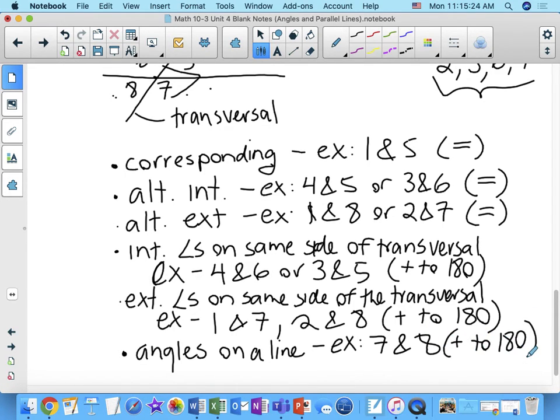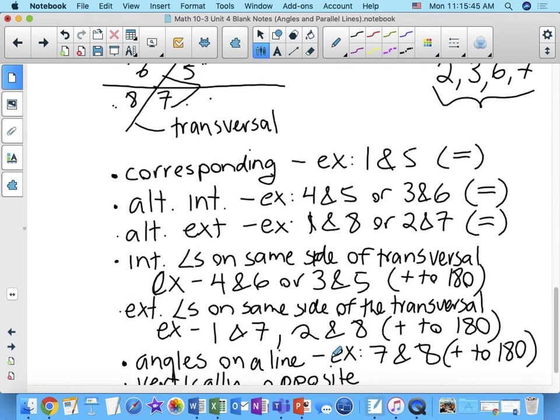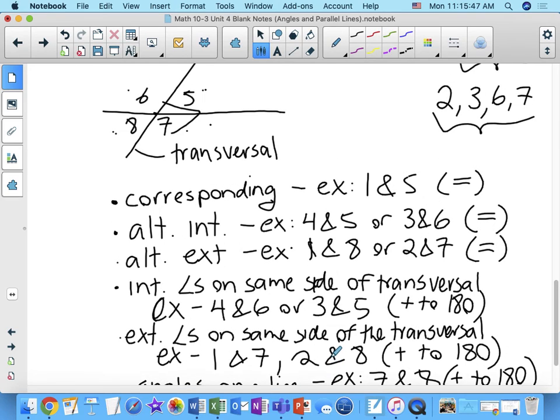Okay. And then the last one, the last pair, are called vertically opposite angles. Okay, and vertically opposite are basically when two lines intersect. So we don't even have to look at the whole set of parallel lines here. We can just look at this bottom part.